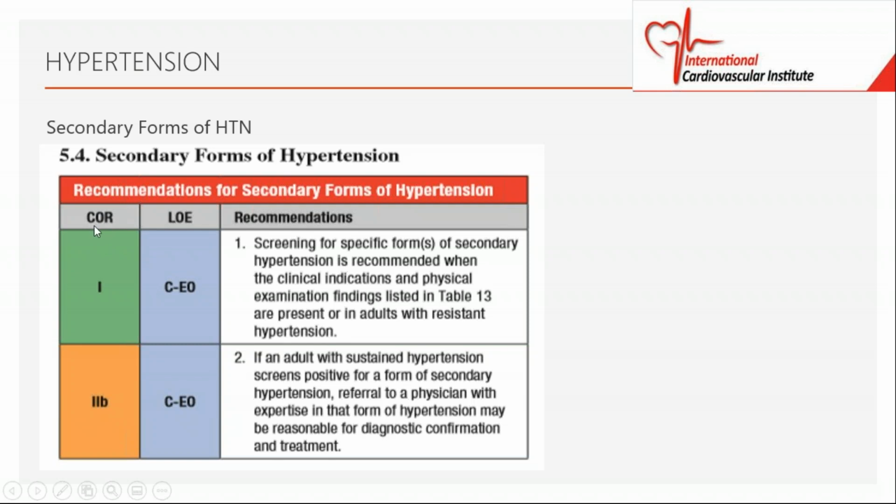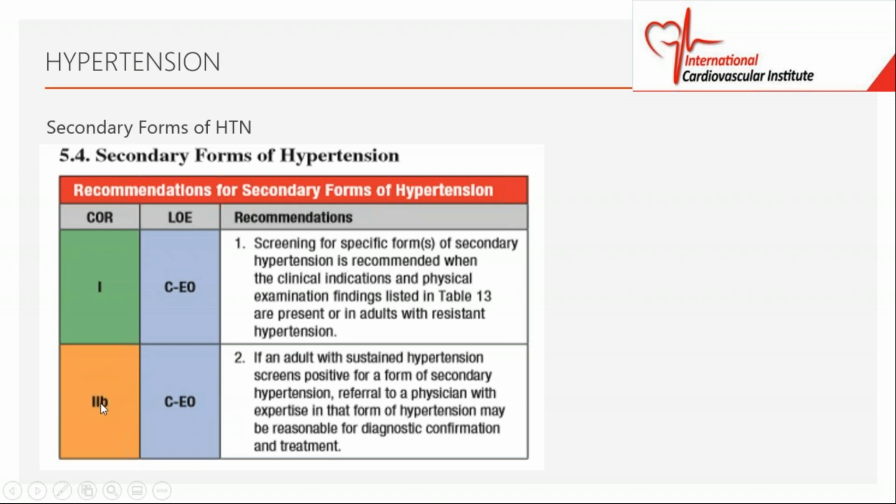So the class of recommendation can be class 1 all the way to class 3. Class 1 is color coded green, because if it's a medication, it should be prescribed once the patient satisfies the criteria for prescription, or if it's a procedure, once the patient is deemed necessary for the procedure, then they should have it. So the class of recommendation goes from 1 through 3.